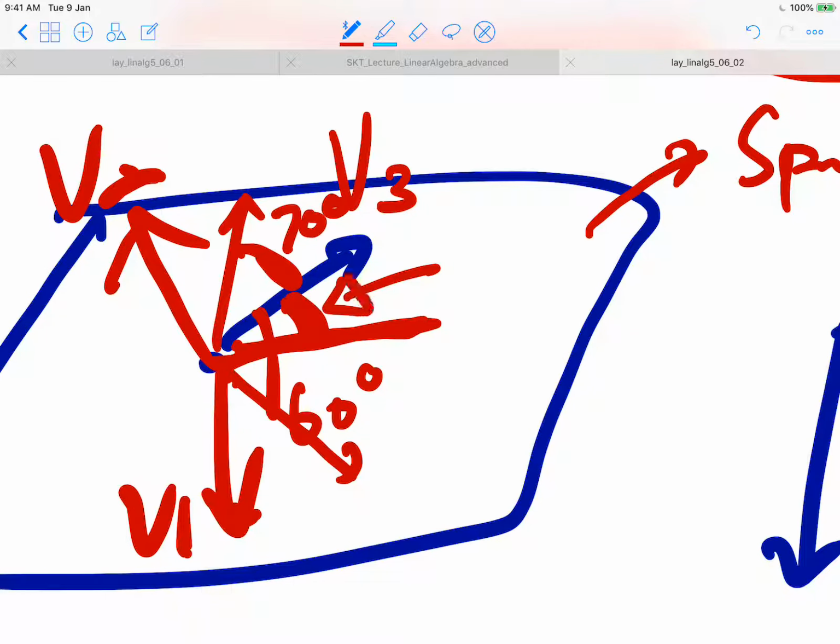And suppose this angle is still maybe 15 degrees. So we scan through any possible vectors, given a fixed V3, and then we choose the vector that will give us the minimum possible angle. So that angle is still 15 degrees.